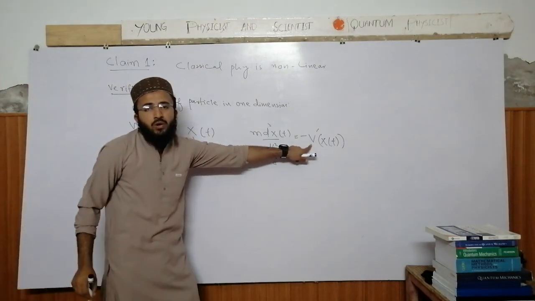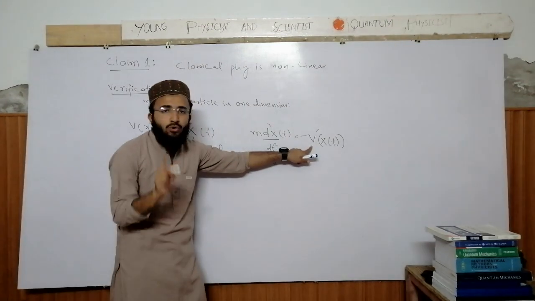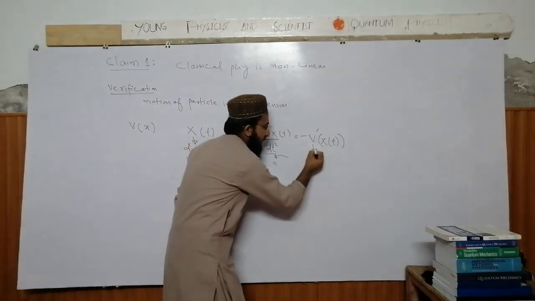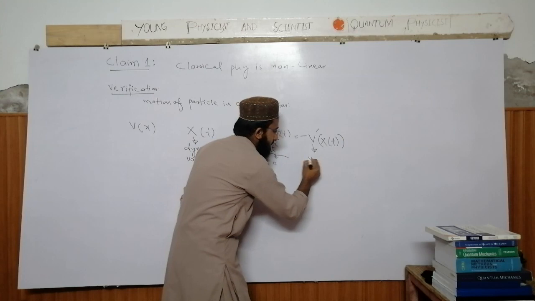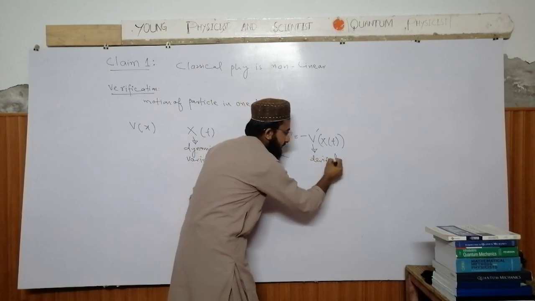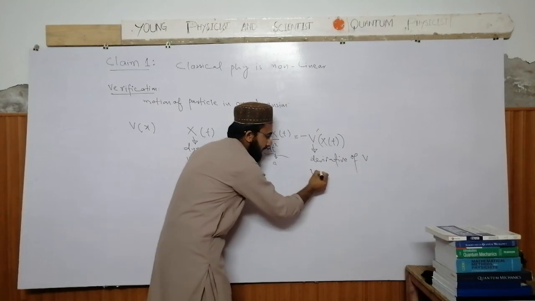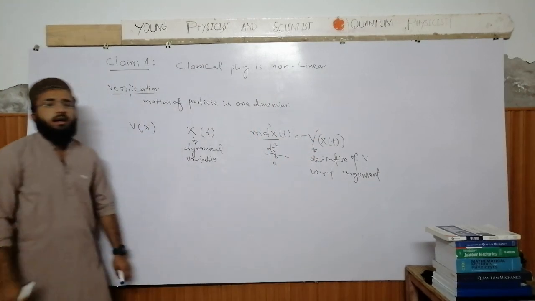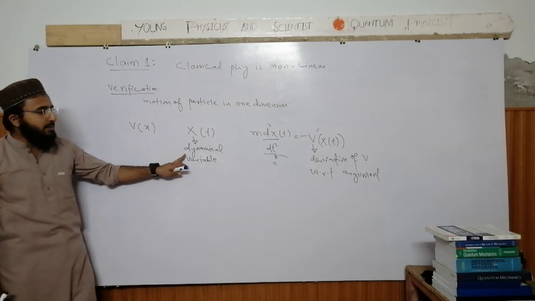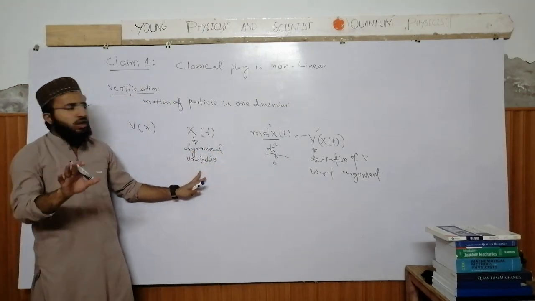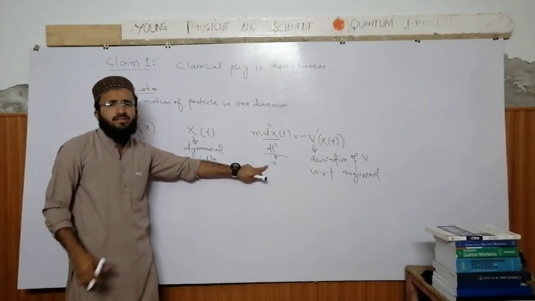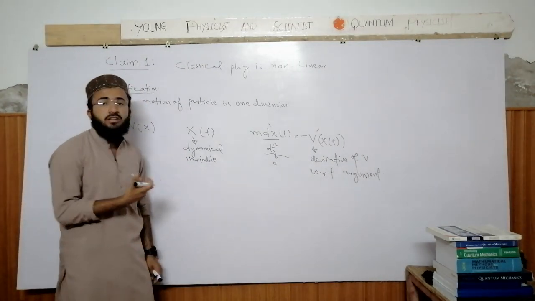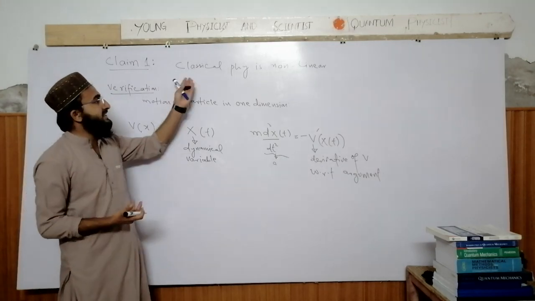V prime is the derivative of V with respect to its argument. You know better that mass times acceleration gives us the force according to Newton's second law of motion, as we are studying classical, Newtonian physics.